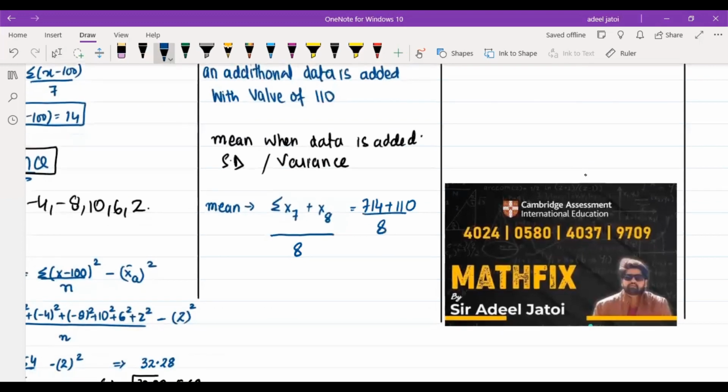The answer for this will be your normal mean, which is 824 upon 8. I can easily say that this is the mean of 8 data. So can I have the answer? 824 upon 8, 103 becomes your mean of the data after 110 is being added.